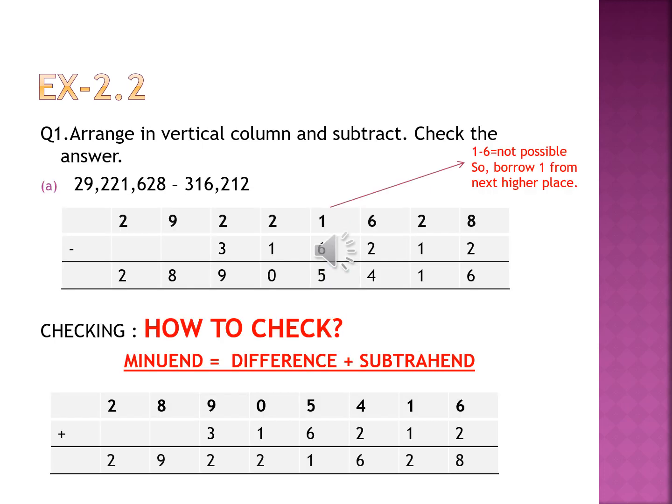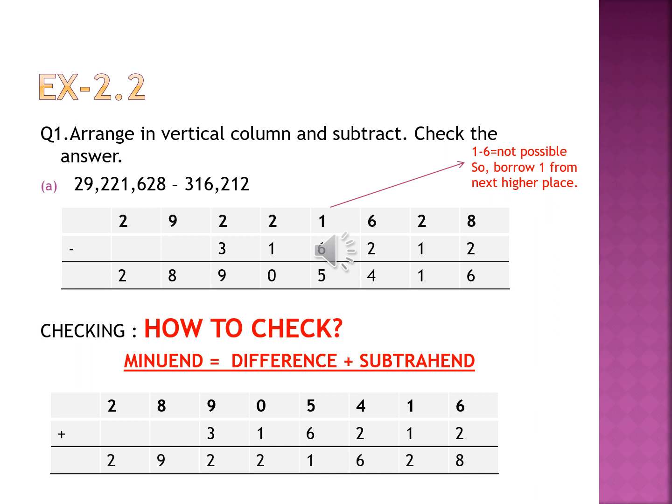Exercise 2.2, question number 1. Arrange in vertical column and subtract. Check the answer. Now in subtraction of large numbers, you need to be careful and copy the numbers correctly under appropriate places. Write the numbers well spaced. The order of numbers involved in subtraction cannot be changed.